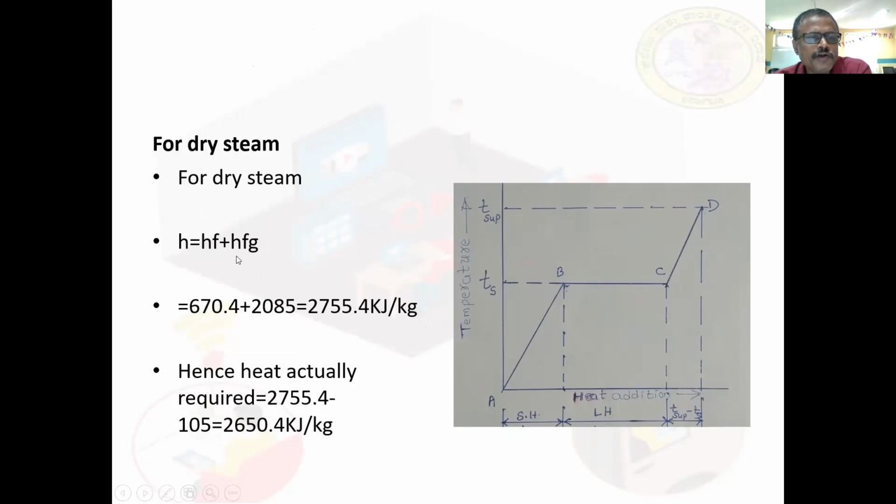Then similarly for dry steam, use this equation H equal to HF plus HFG. You will get this answer. Then you have to subtract this 105 because there is some heat actually present before feeding it to the boiler. That heat is 105. So subtract that 105, you will get this answer.